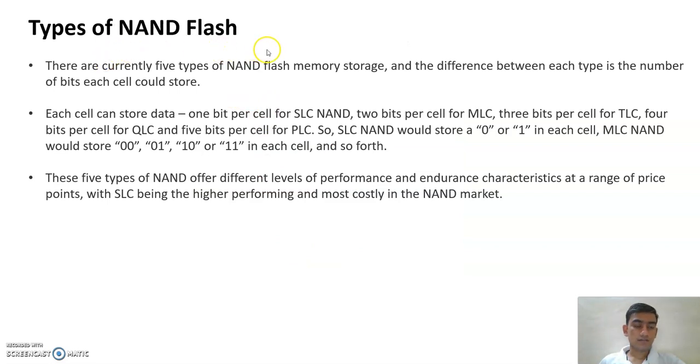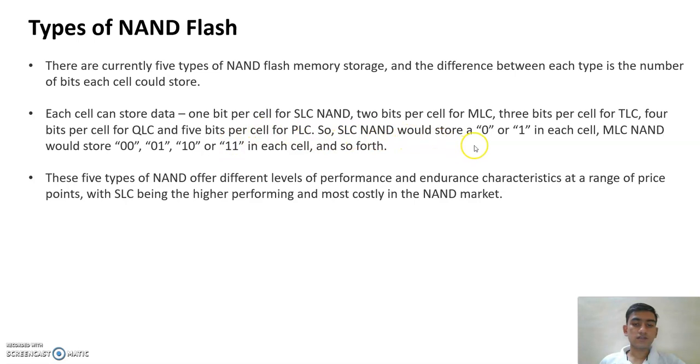Types of NAND flash. There are currently 5 types of NAND flash memory storage, and the difference between each type is the number of bits each cell can store. Each cell can store 1 bit per cell for SLC NAND, 2 bits per cell for MLC, 3 bits per cell for TLC, 4 bits per cell for QLC, and 5 bits per cell for PLC.